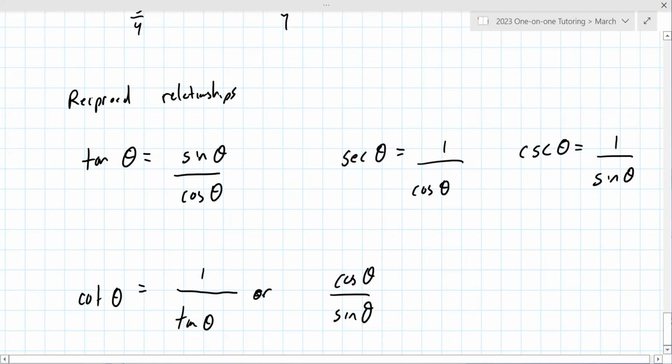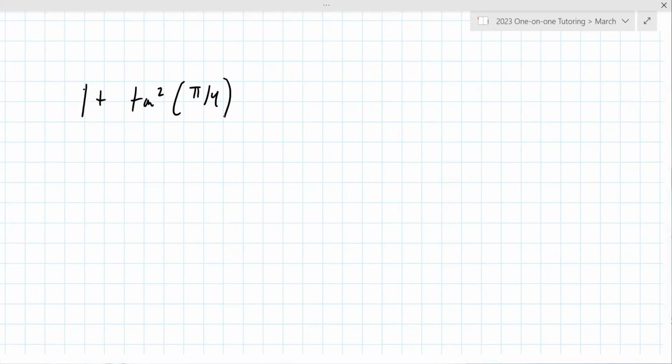Like I could reasonably ask you something like this. What is 1 plus the tangent squared of pi over 4? To do a problem like this, you've got to know how to find tangent, because tangent isn't on your unit circle.